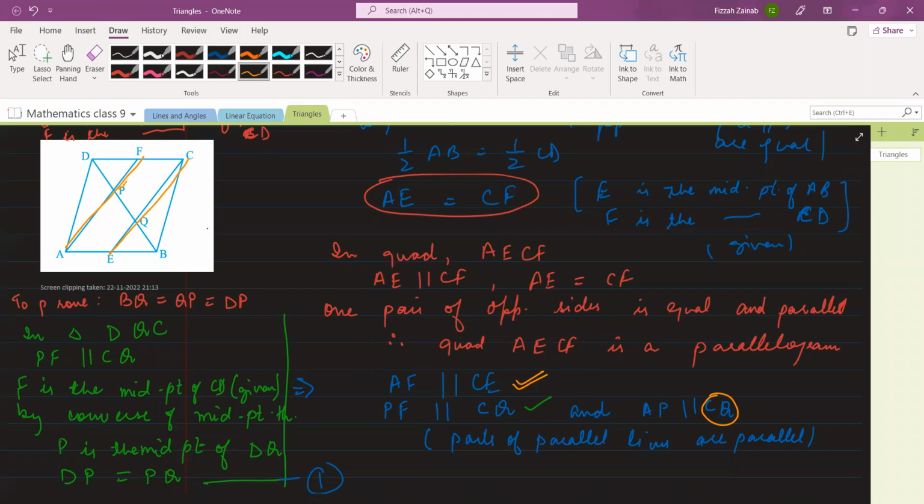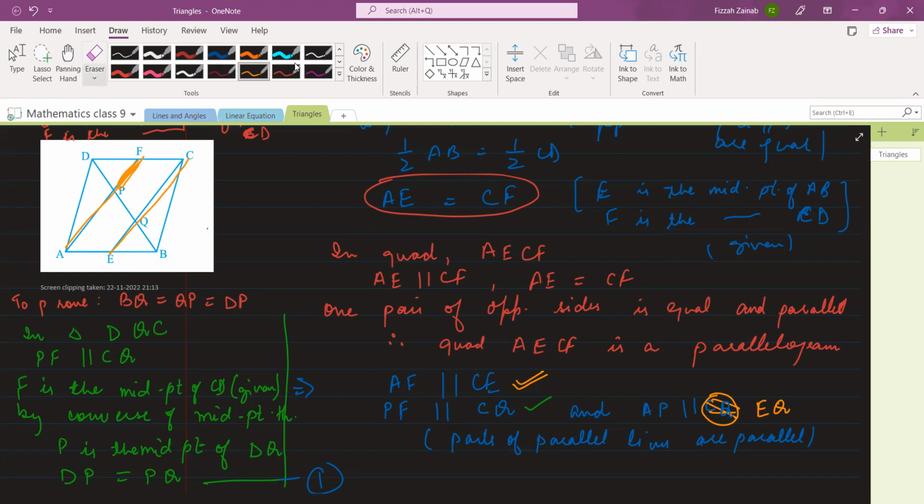So PF has to be parallel to CQ. Okay, that I have written correct. And then AP has to be parallel to EQ. Sorry, not CQ. Please correct it. Can you see that in the figure?